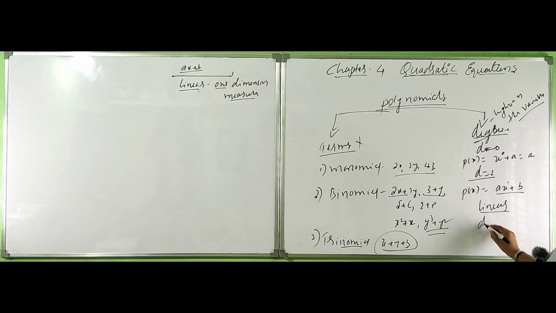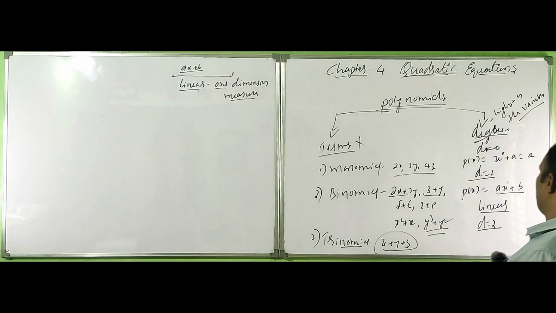If the degree is 2, then the equation becomes ax square plus bx plus c equal to 0.